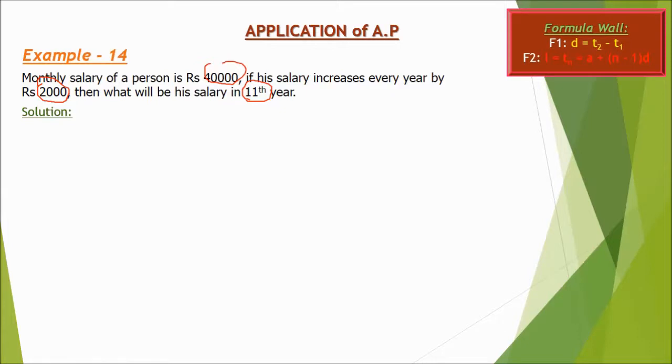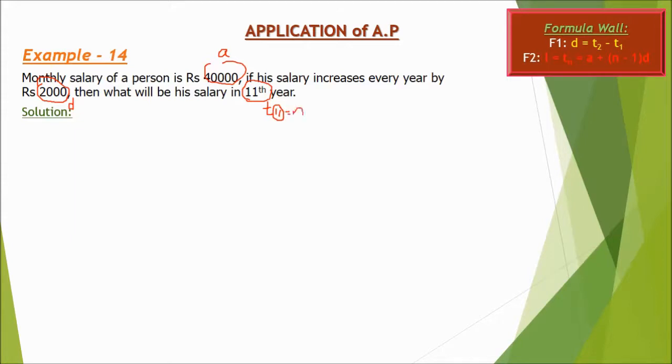Monthly salary, we can say this is the initial salary A. Every year it increases by 2,000, which means it is D, and we have to find T11. We have the value of A and the value of D, so we can easily find T11, where this is n.